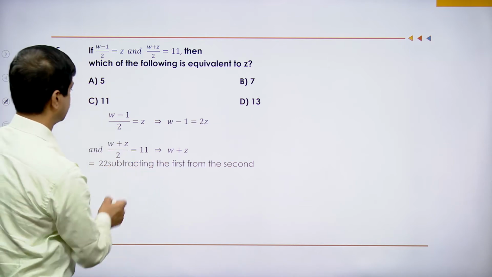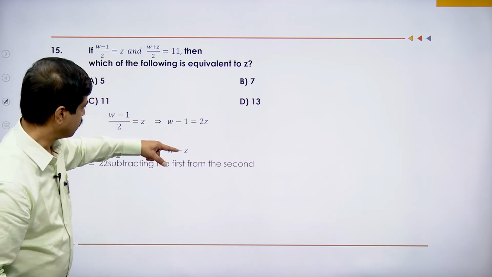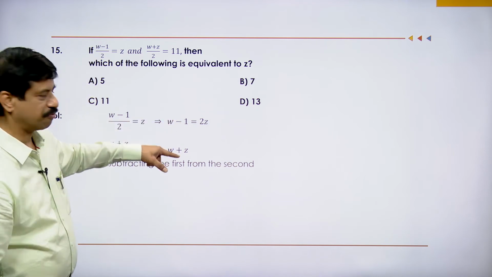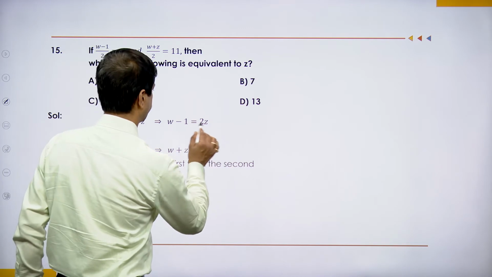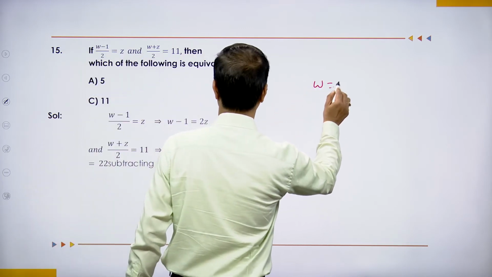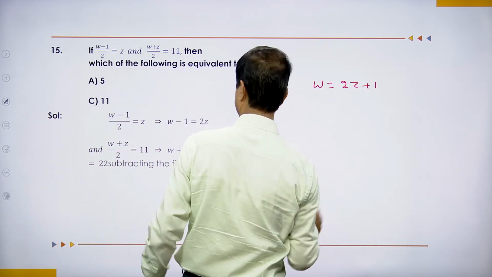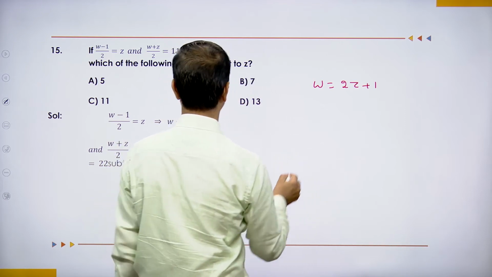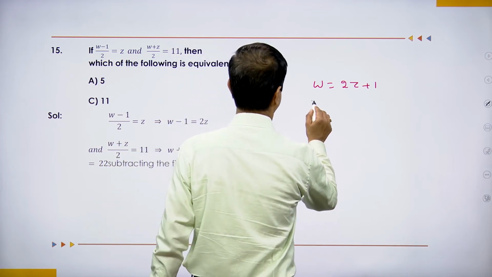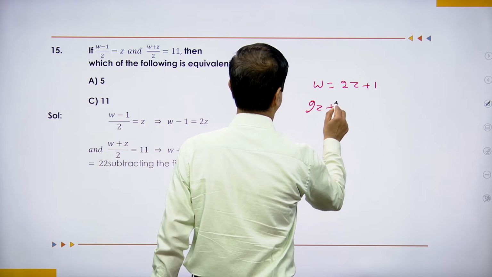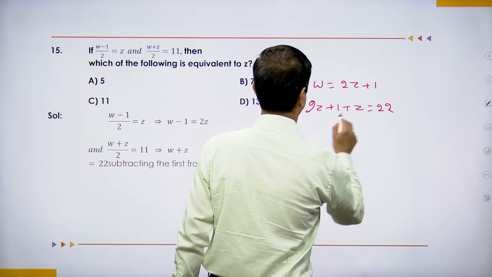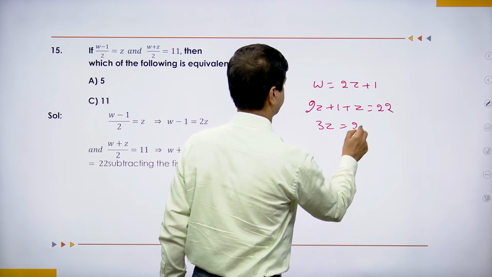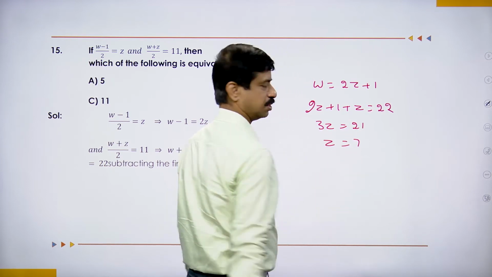Replace the w value here: 2z plus 1 plus z equal to 22. So 3z equal to 21, z equal to 7.